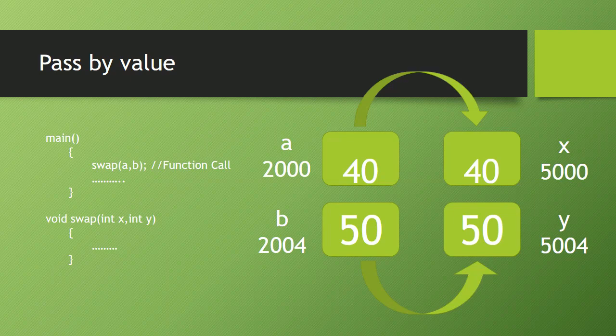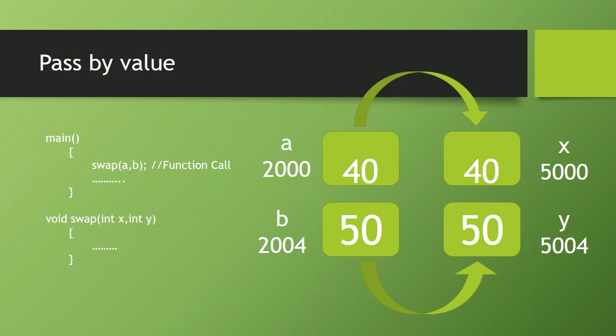In our first method, pass by value, we pass the value or the argument from the calling function to the called function. Here we are sending the actual value of the variable.